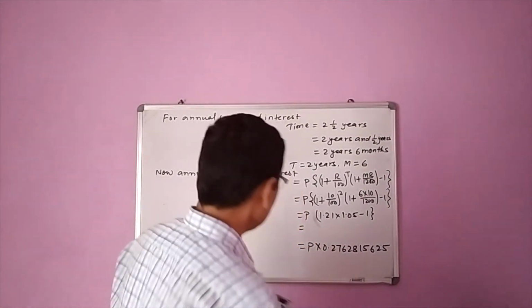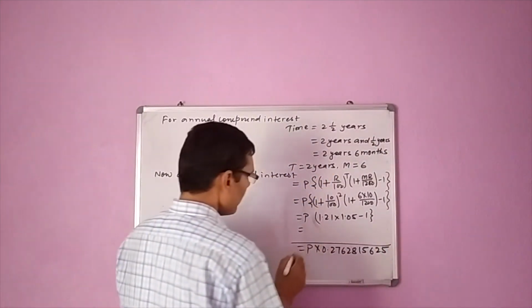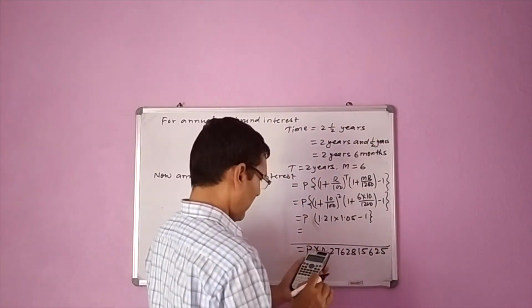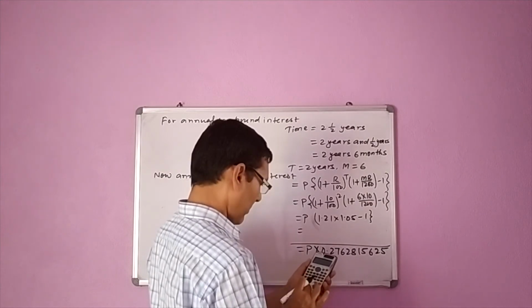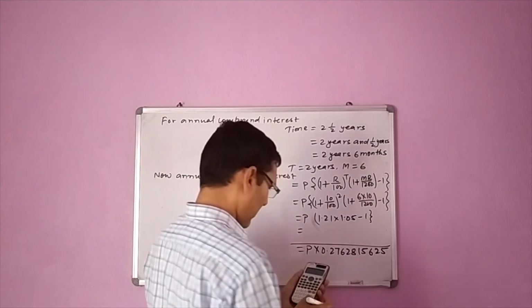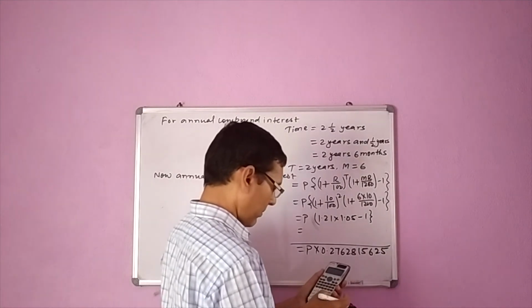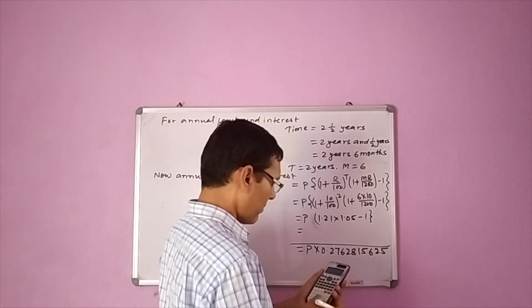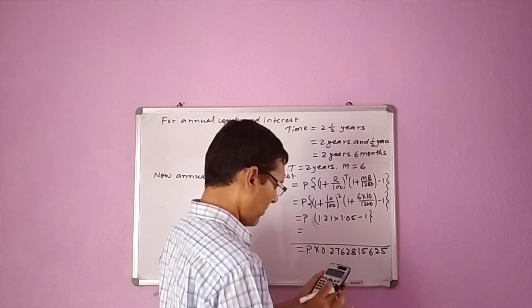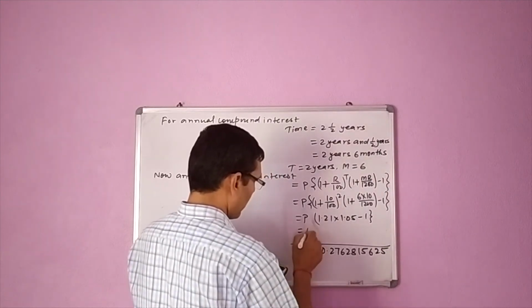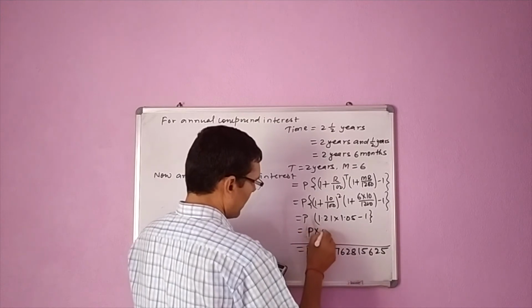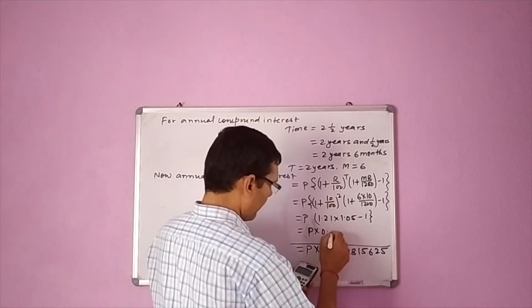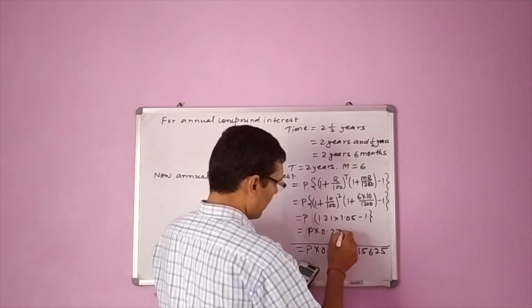So simplifying this, we get P times 0.2705.